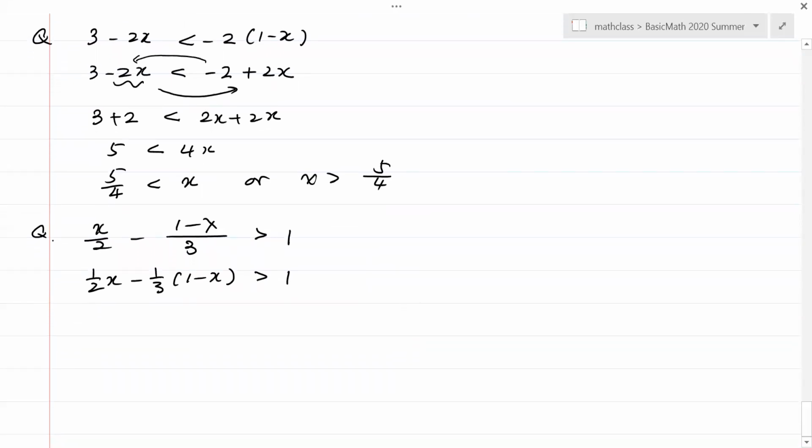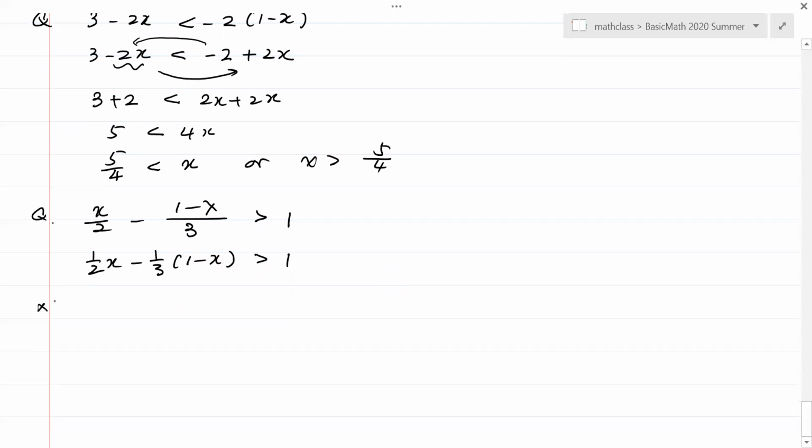So when you see fractions, the best way is to get rid of fractions first. So you multiply both sides by 6. So 6 over 2, you get 3. 6 over 3, you get 2. And the right-hand side is also 6.